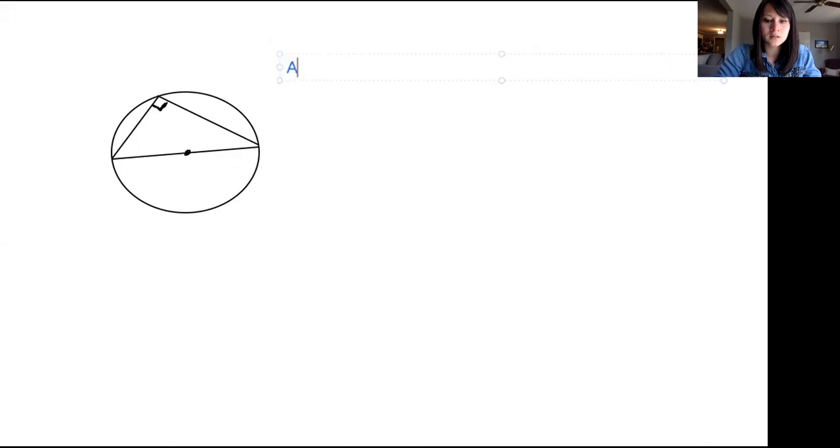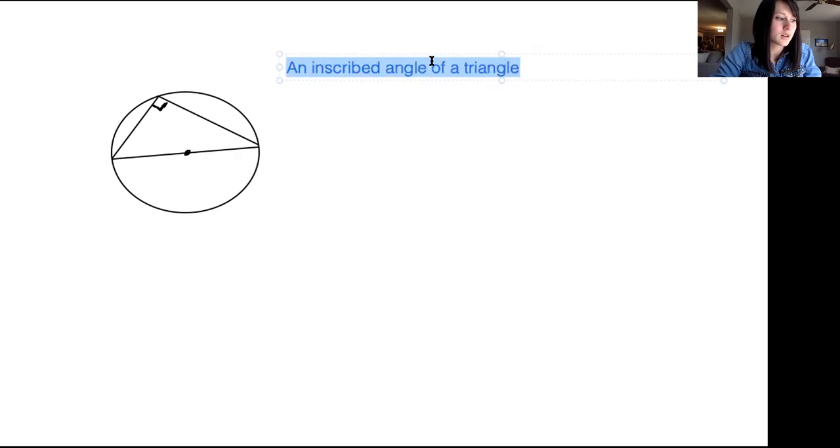An inscribed angle of a triangle. Let's write it a little bit better than what's on your study guide.